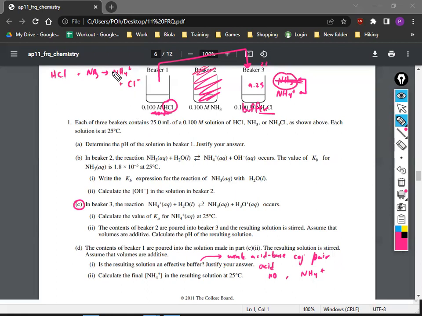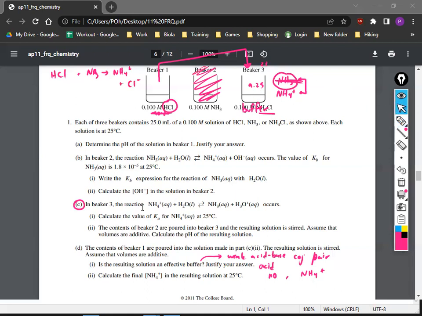The Cl won't want to get together with that. This one is 1 point for the correct response and an appropriate justification. So as long as you talked about how that strong acid neutralizes NH3, that's what they're looking for. No, I totally missed that. It's okay.